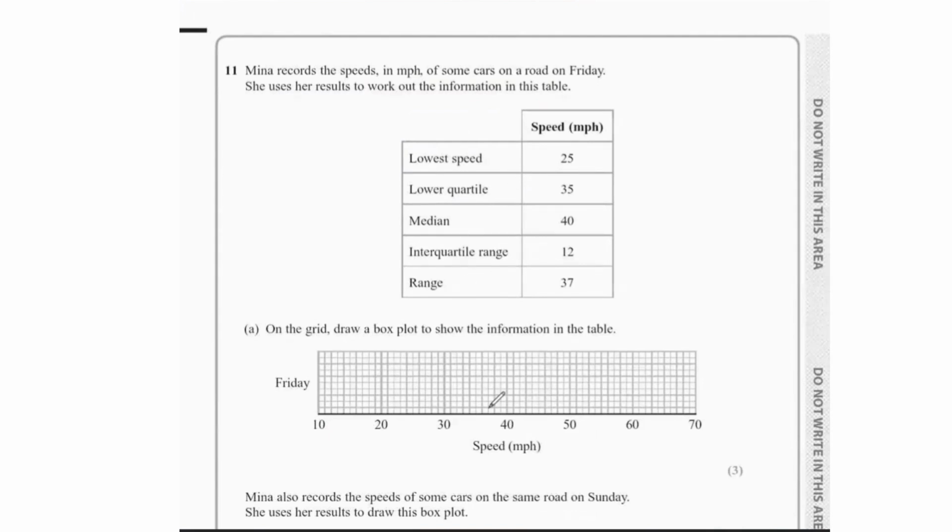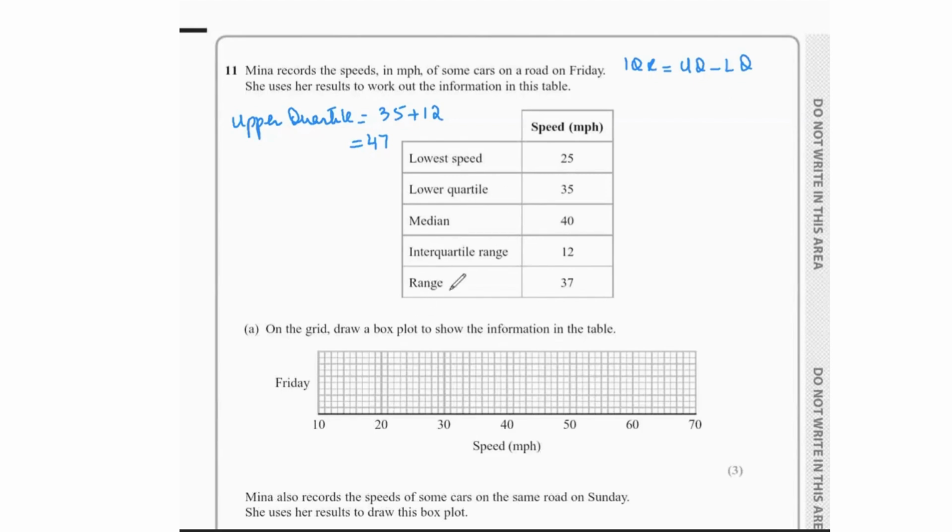For the box plot, we need the upper quartile, which is basically going to be the interquartile range added to the lower quartile, which is 47. The reason we're adding them is because the interquartile range is your upper quartile minus lower quartile. So when you make upper quartile the subject, it's basically interquartile range plus the lower quartile.